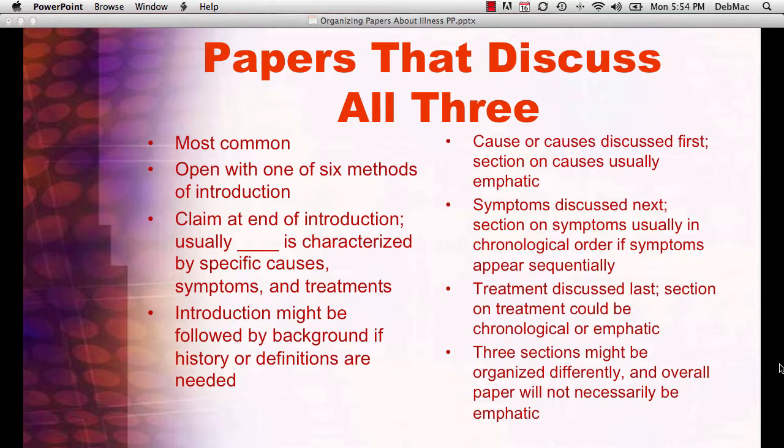Don't force it to be emphatic. This is very much a paper that is going to be organized based on your research. It's data-driven organization. I can't be really specific about how your particular paper needs to be organized because it depends to a large degree on what you uncover in your research.